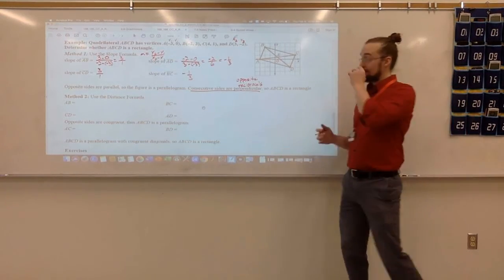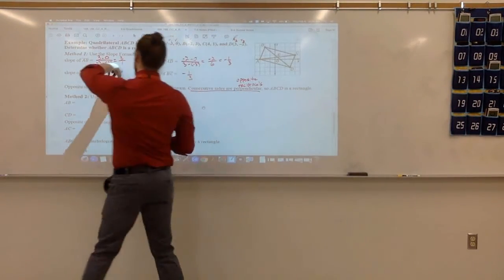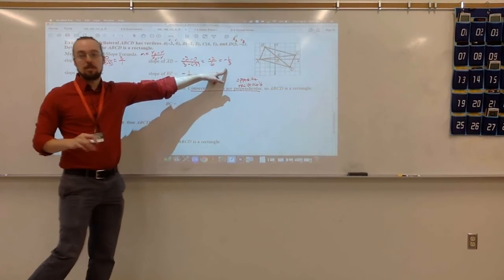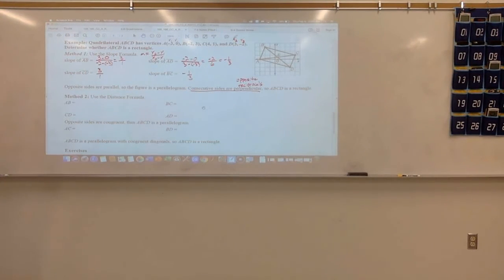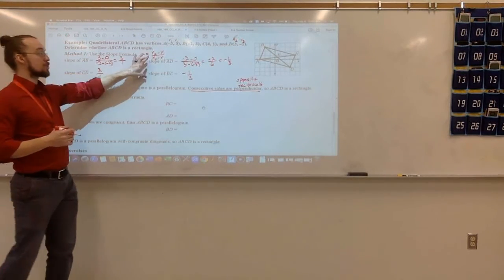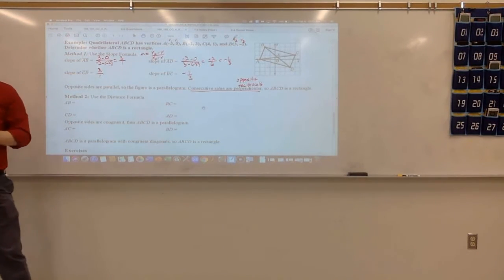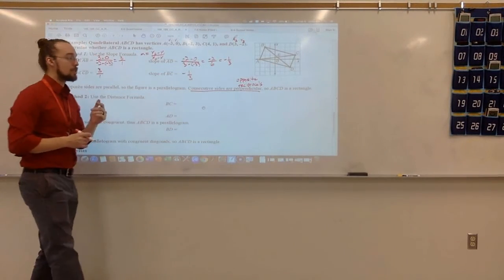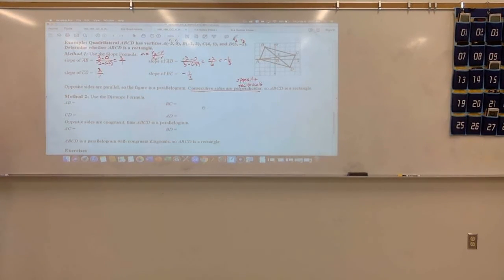So if we look at these sides, we've got +3 over 1 and -1 over 3. Those are opposite reciprocals of each other. Okay, so the fact that opposite sides have the same slope makes it a parallelogram. Then the fact that consecutive sides have opposite reciprocal slopes makes it a rectangle. Okay? Questions on something like that?